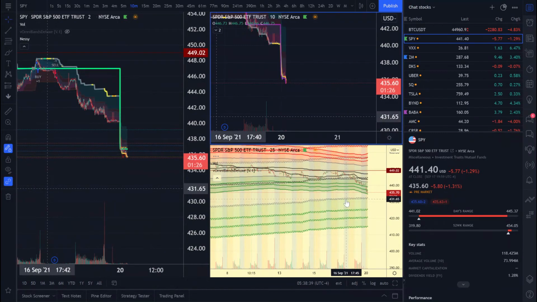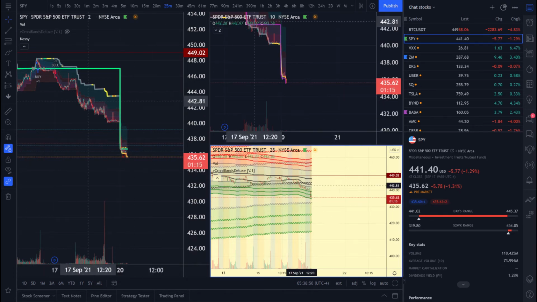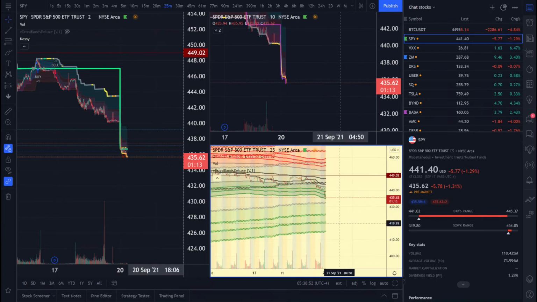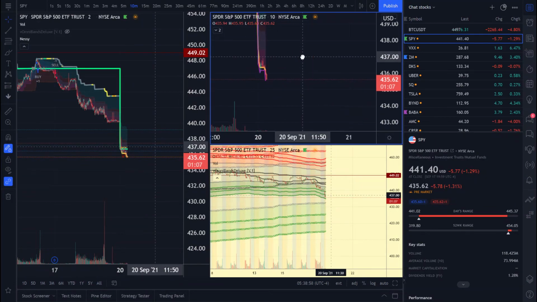Well, from the algorithm's perspective, it's going to be some major levels tested today. Major levels. And how we deal with those levels really depends on if the market wants to bounce really fast back from those levels.